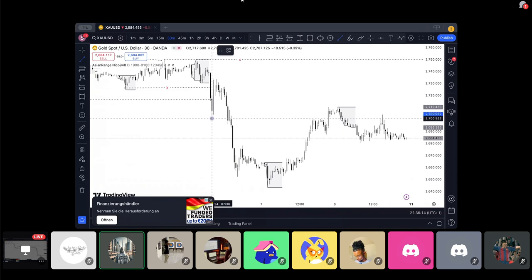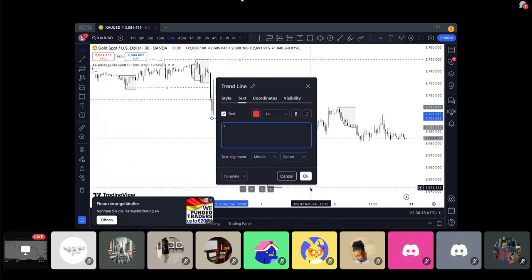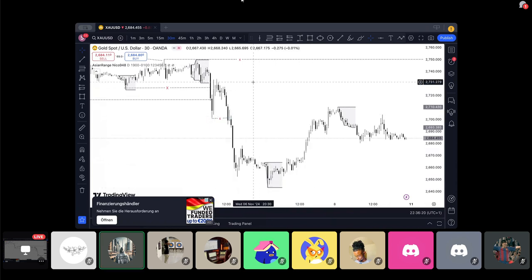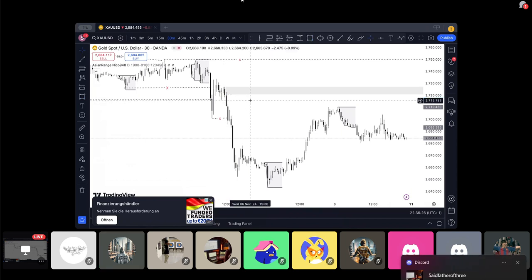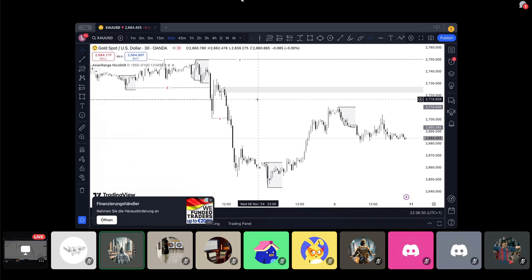So I can see right here we have a supply zone. Okay, we had a break of structure right here of a lead one, and then this break of structure left us with a candle right there. And then we can also see we have a huge fair value gap right here, and I feel like price came to the 50% level.